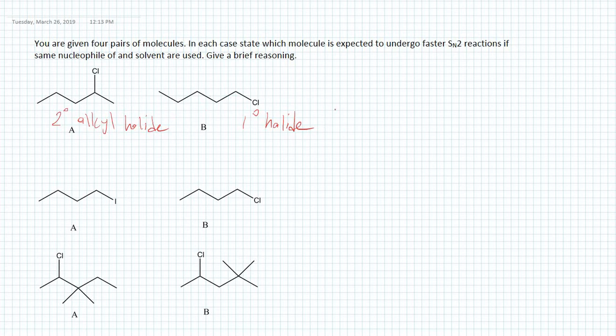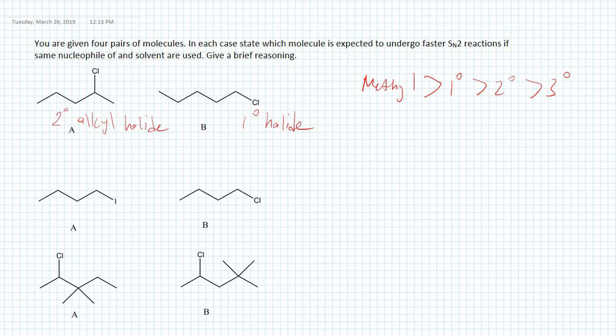We know that in SN2 reactions, the substrate is important and it affects the rate of reaction. Generally, methyl halides are the fastest. In this case, it is chlorine and chlorine, so the same leaving group. So the substrate will be the factor determining the rate of reaction. Methyl halides are faster than primary halides, then secondary halides, and tertiary halides are the slowest in SN2 reactions.